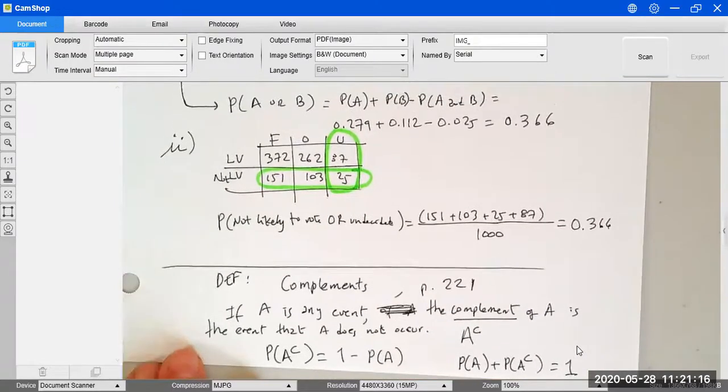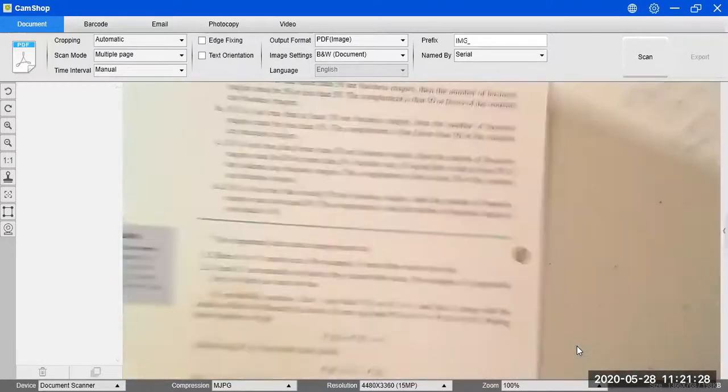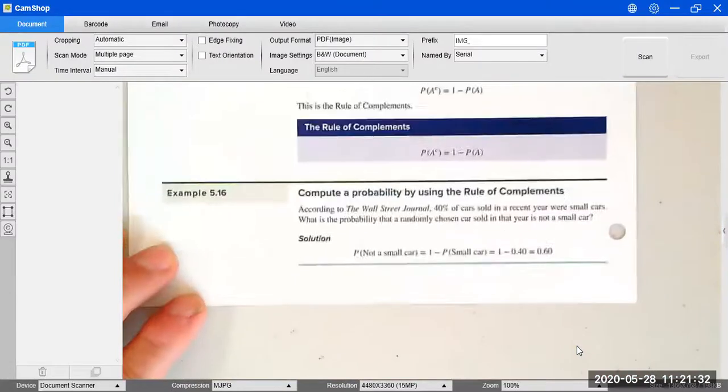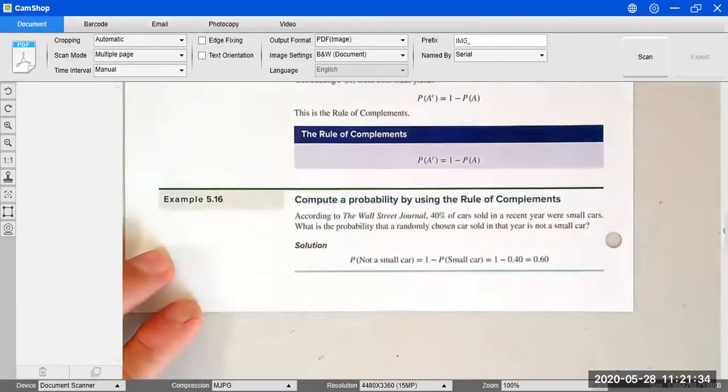So we're going to solve example 5.16, on page 222. Let me show you the problem first. We're going to compute a probability by using the rule of complements.